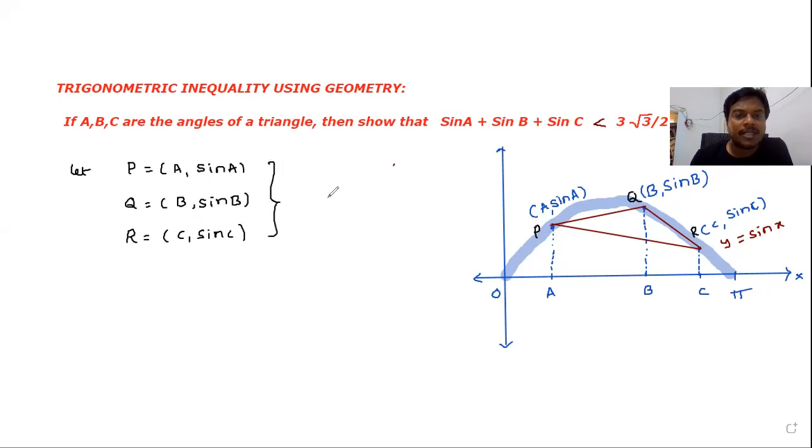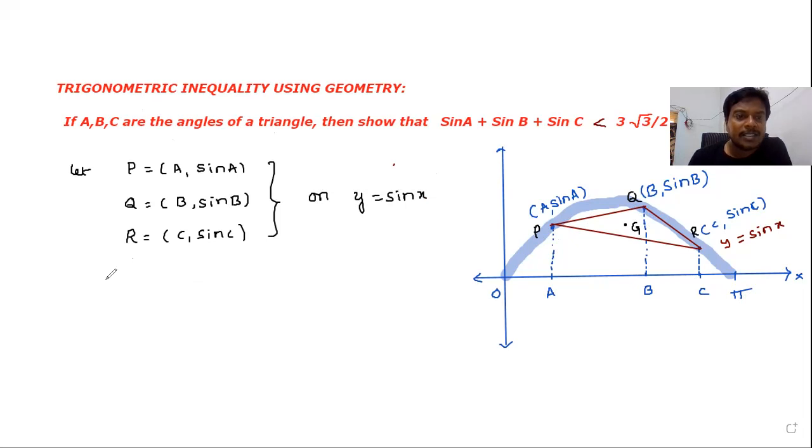These are the 3 points on the graph of y equal to sin x such that A, B, C are less than 180 degrees, remember. Why? Because A, B, C are the angles in a triangle, so they are less than 180 and more than 0. Okay.